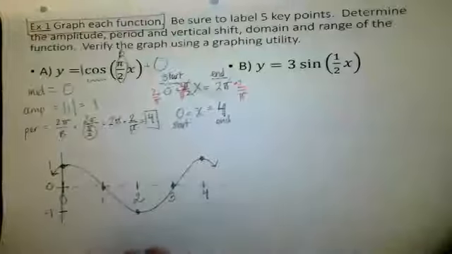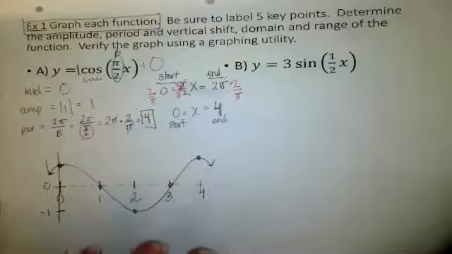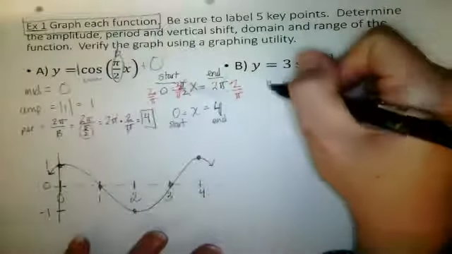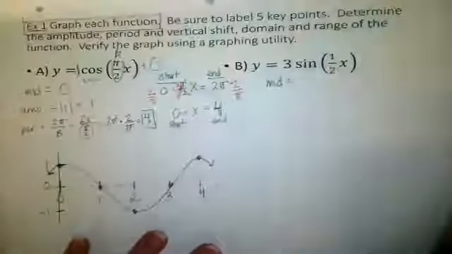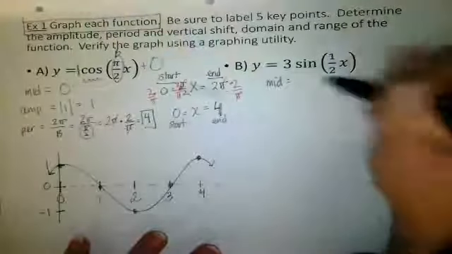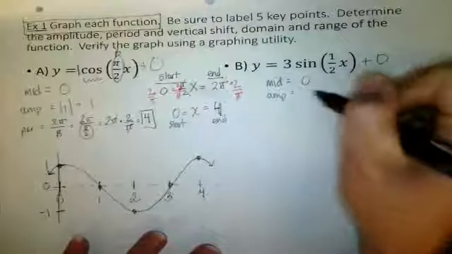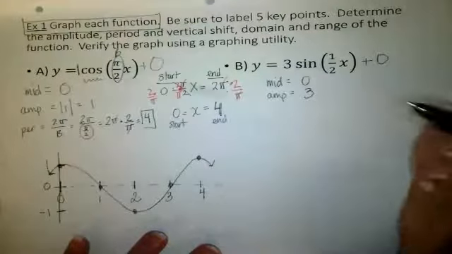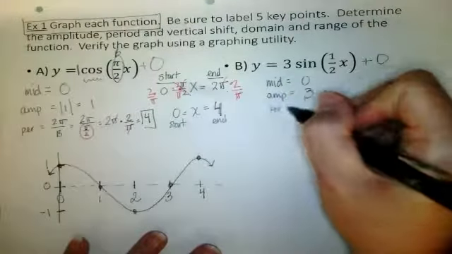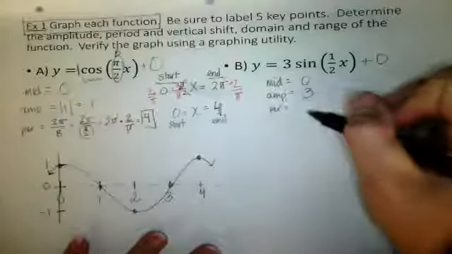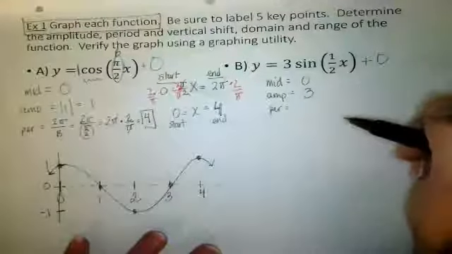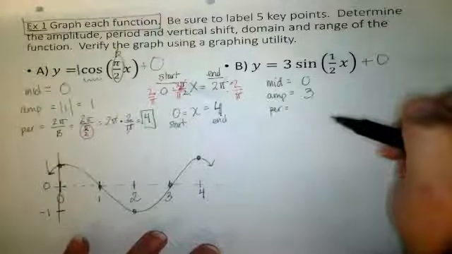Let's look at letter B. What is our midline? 0. Good. What is our amplitude? Good. What's the period? No?